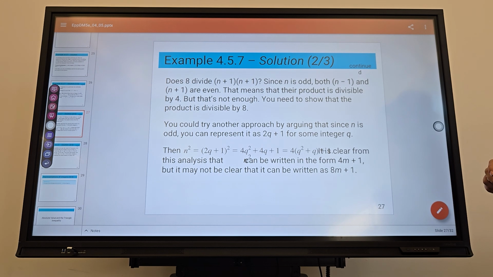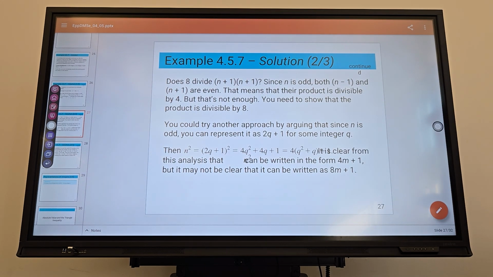Does 8 divide n plus 1 times n minus 1? Since n is odd, both n minus 1 and n plus 1 are even. This means that their product is divisible by 4, but that's not enough. You need to show that the product is divisible by 8.